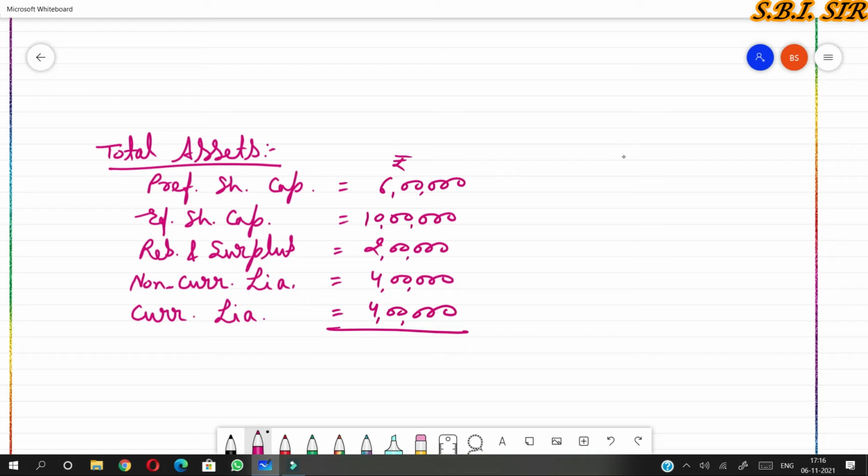Then total: 6 lakh plus 10 lakh plus 2 lakh plus 4 lakh plus 4 lakh, we will get 26 lakh. These are total assets as well as total liabilities.